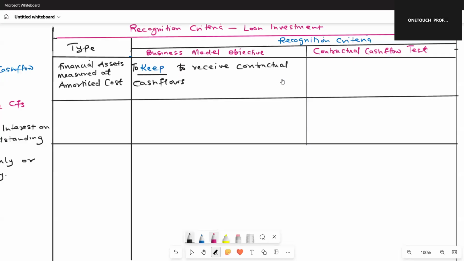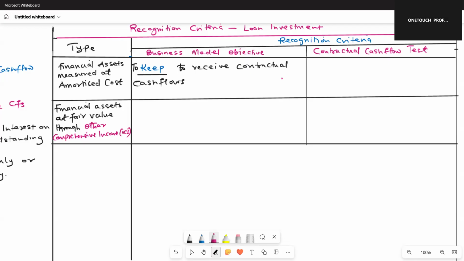And then there's another type of financial assets. That is financial assets measured at fair value through OCI. Financial assets at fair value through other comprehensive income, OCI.